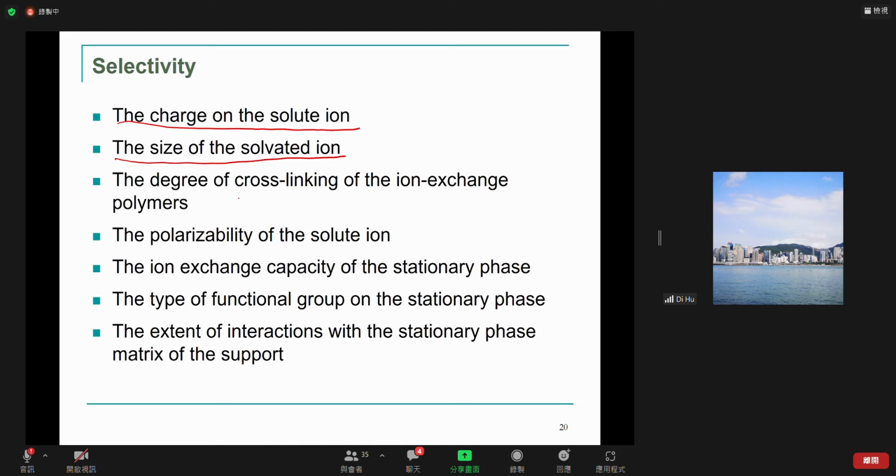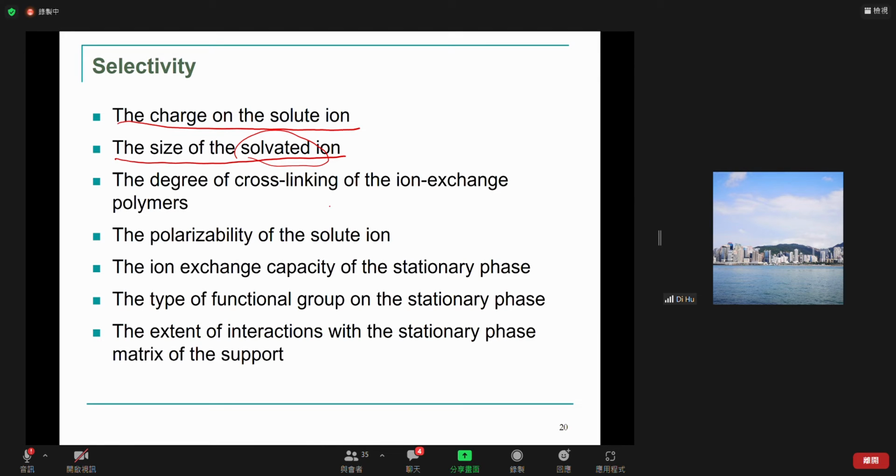Remember I showed you this before, the polystyrene and DVB, right? I said the more DVB it has, the higher the degree of cross-linkage and the smaller the pore size. What happens with a small pore size? If you're dealing with ions that have a relatively large solvated diameter, and the pore size is too small, they cannot diffuse in and bind with the stationary phase, right?